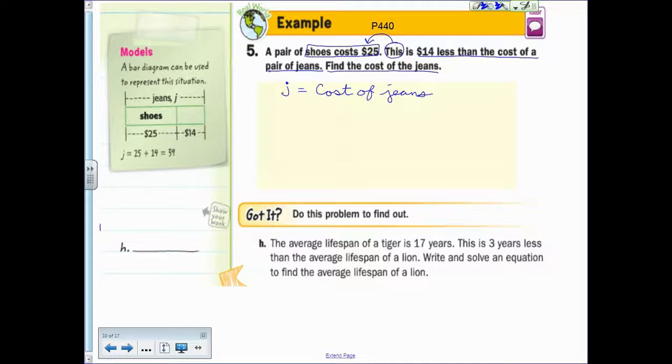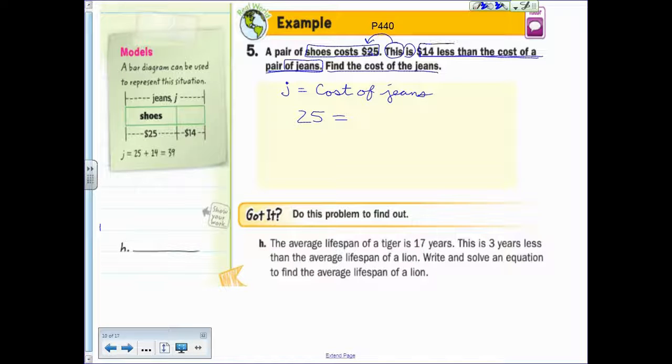So if we actually read this, it says $25. This is. The word is, if you look over at the word wall, underneath the word equals, you will see the word is. So we can say 25 equals, this equals. And then it says 14 less than the cost of the jeans.